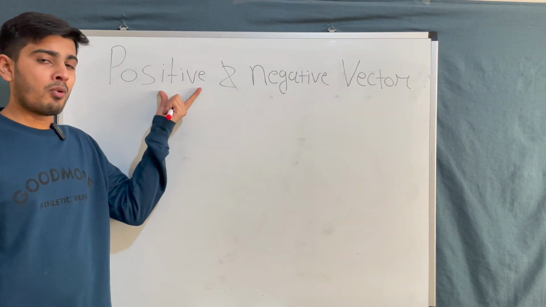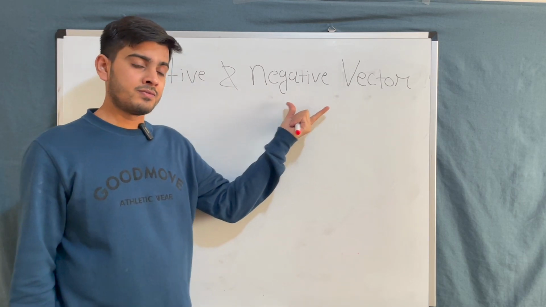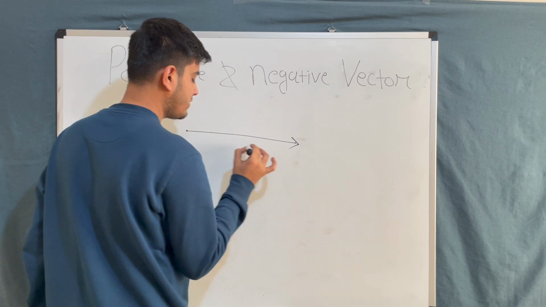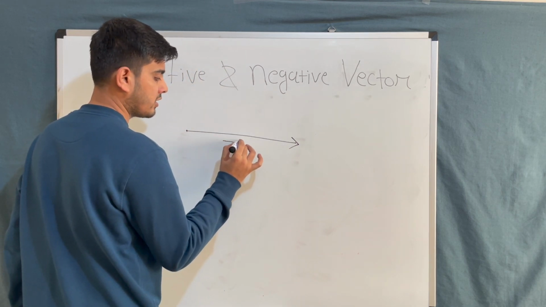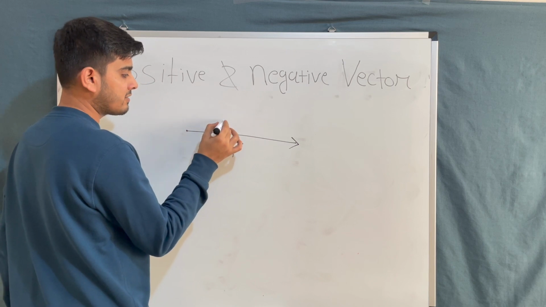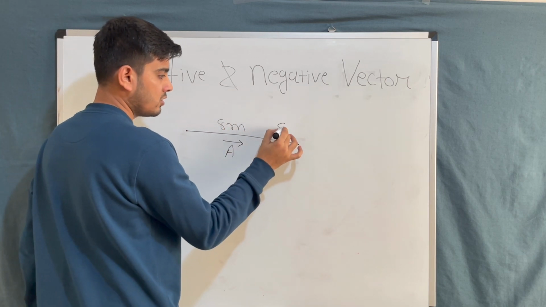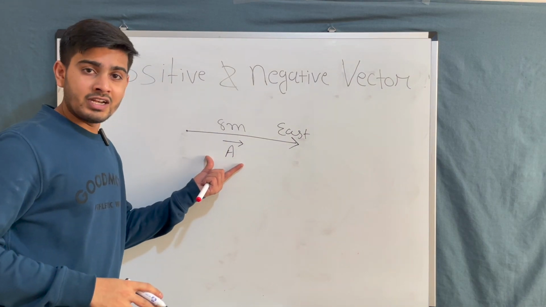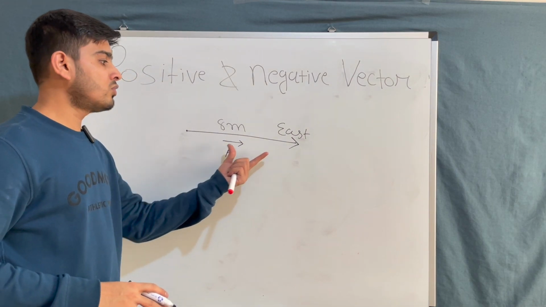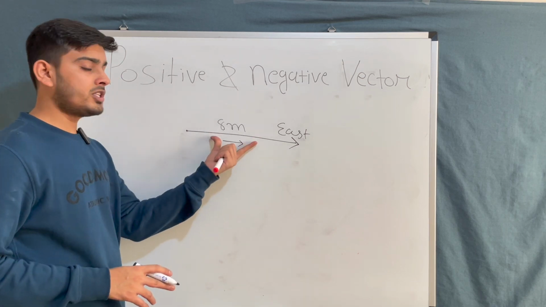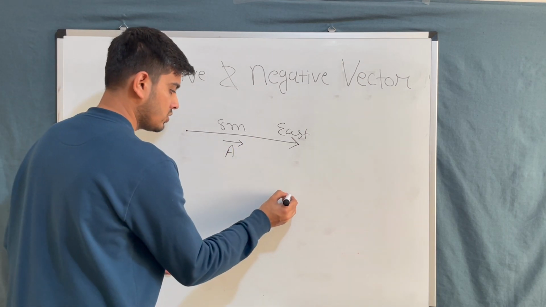What do I mean by positive and negative of any vector? For example, there is a vector A towards east. Let's say this vector A is our displacement, 8 meter towards east. In order to write the negative of vector A, we have to take the opposite direction, exactly opposite direction with the same magnitude.